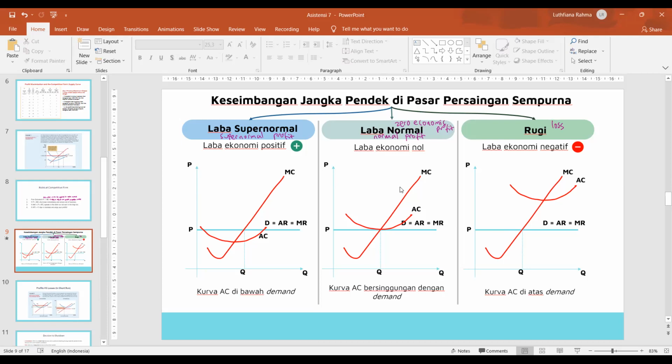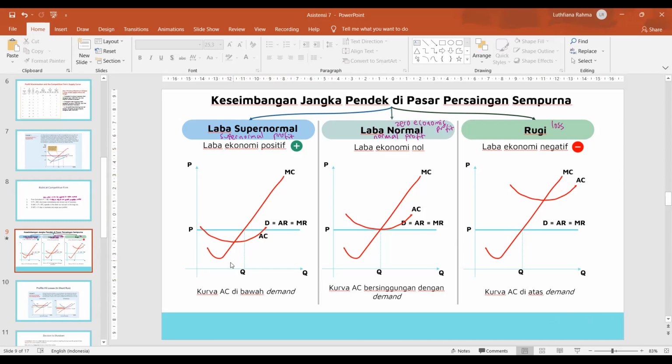So here I will talk to you about the first condition, the supernormal profit. The supernormal profit happens when the firms experience a positive economic profit. How can the firm have a positive economic profit?